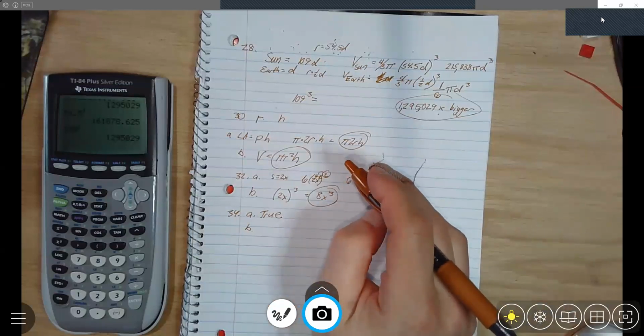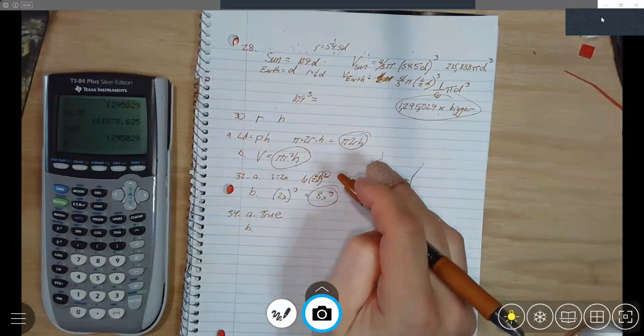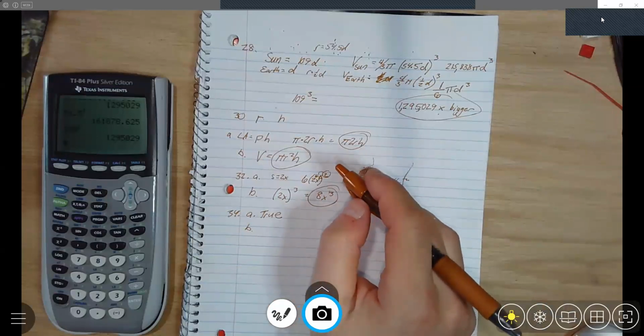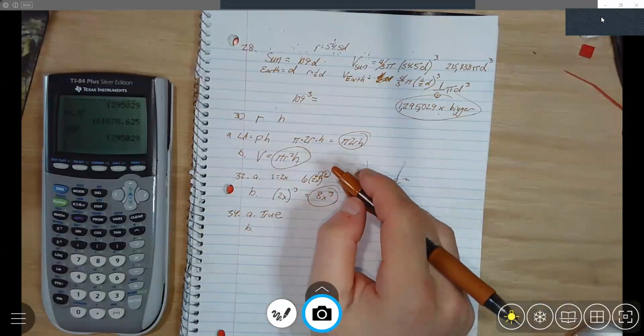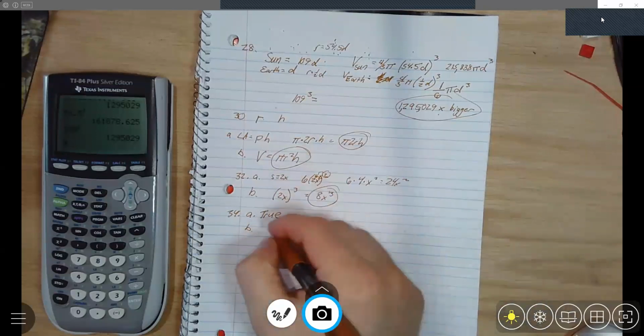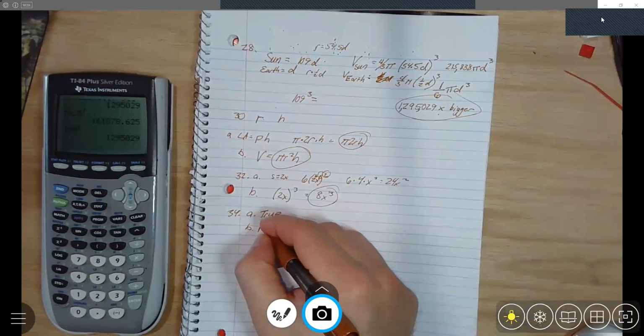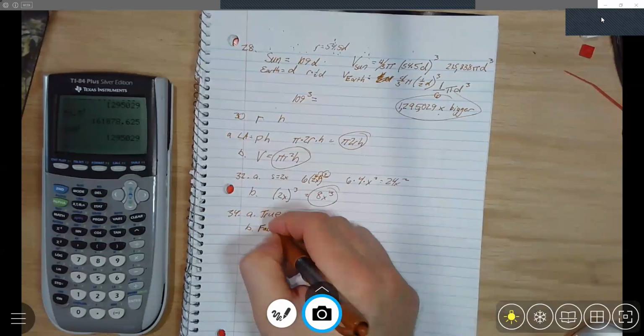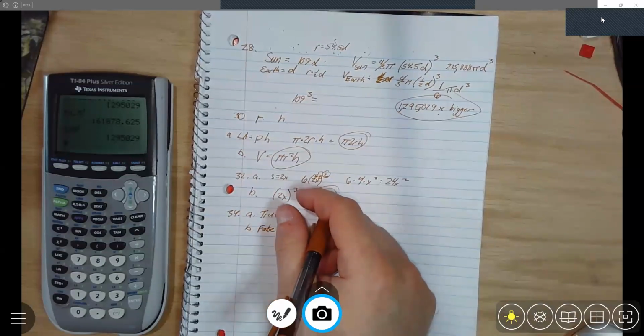They have equal heights. One is oblique, one is right. Yeah, their surface areas are not going to necessarily be the same, but their volumes have to.